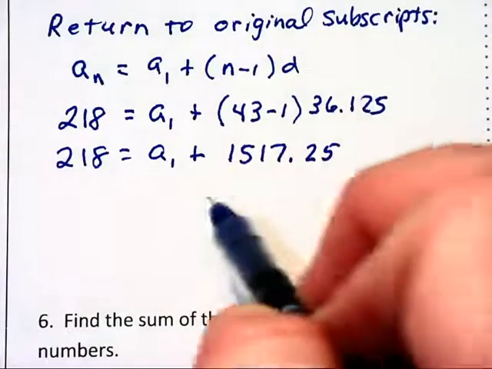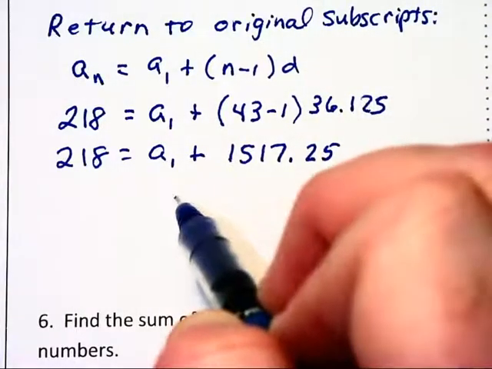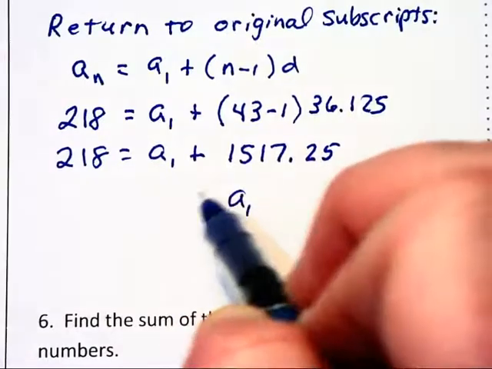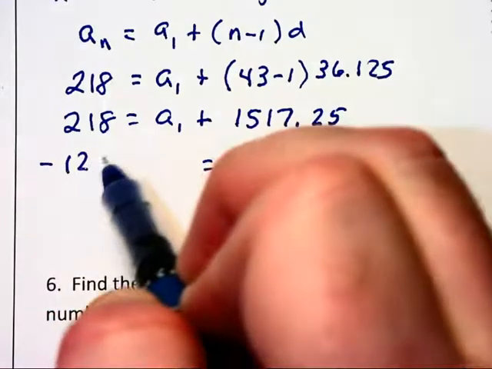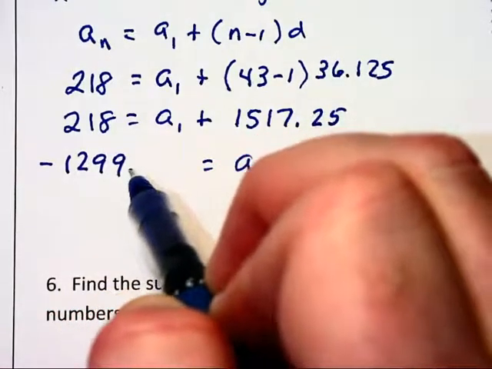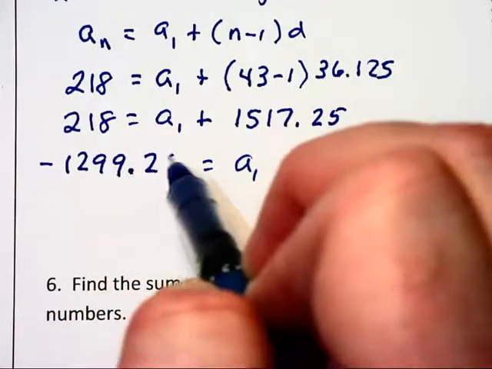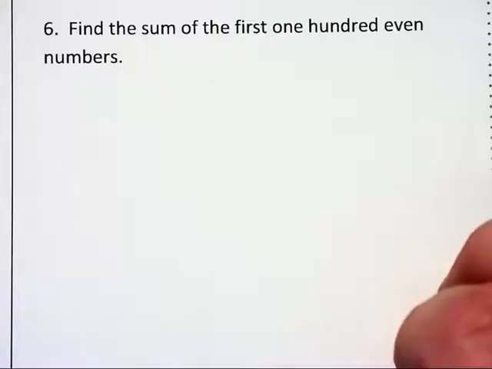Subtracting that decimal off of each side will tell us that a sub 1 is then equal to negative 1,299.25.